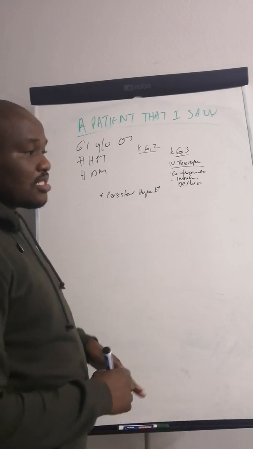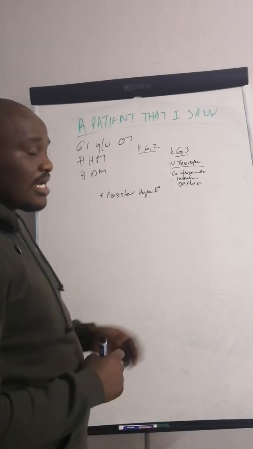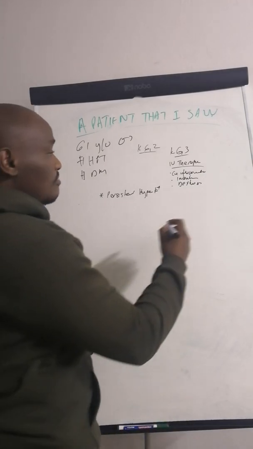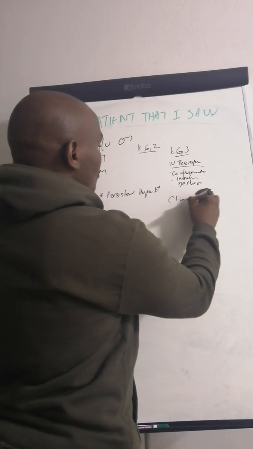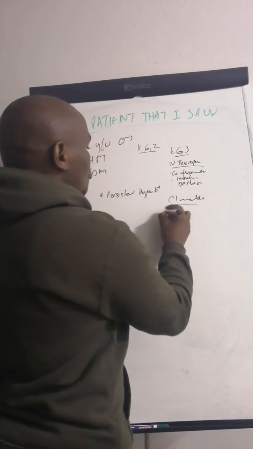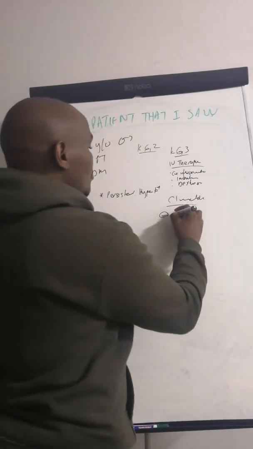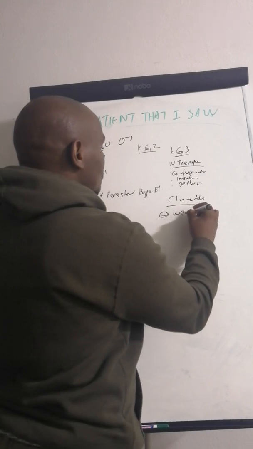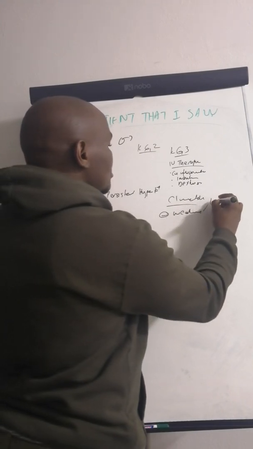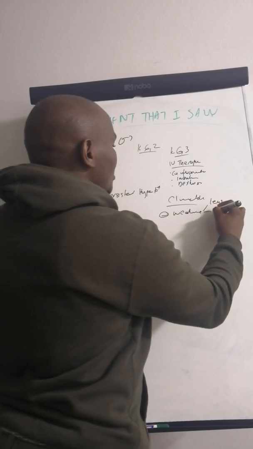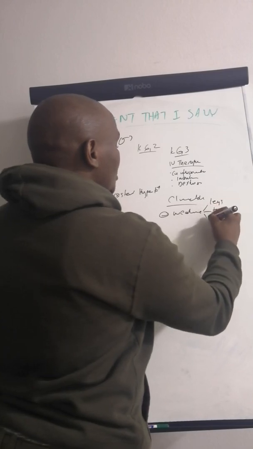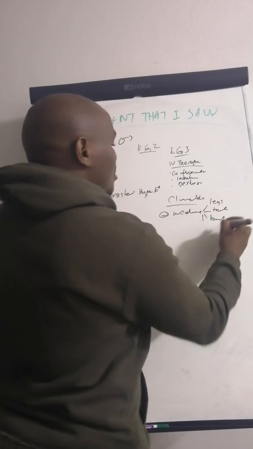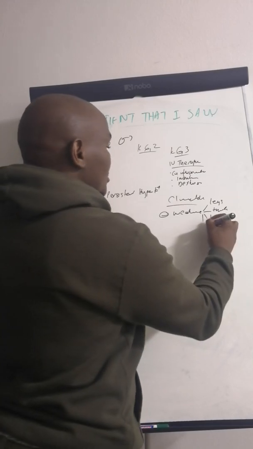I first examined the patient. I asked about clinical features of hyperkalemia. He was not reporting any weakness of the legs, of the trunk, or of the hands, of the arms or of the neck.